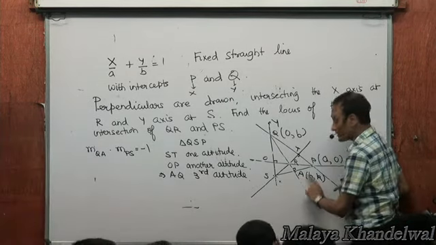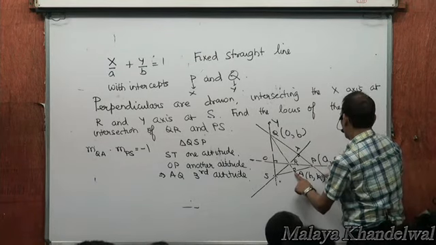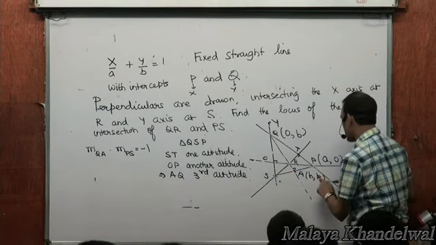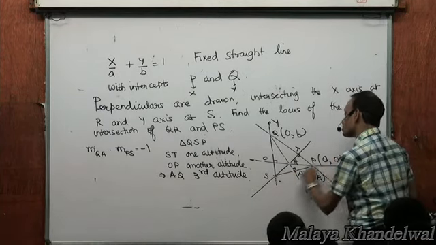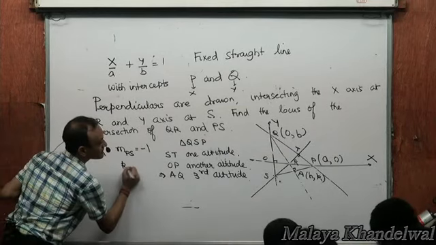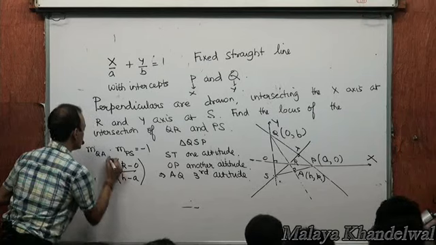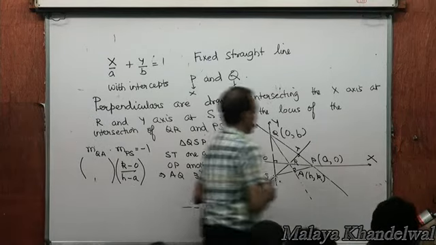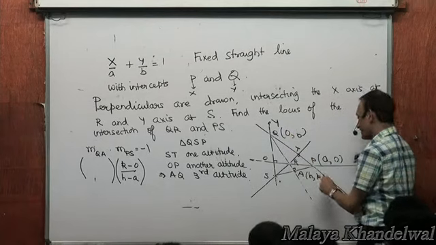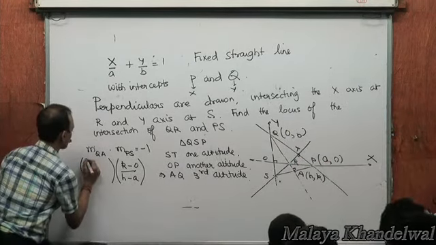I need to find the locus of A. That means I am seeking to connect h and k. So (k - 0)/(h - a) is the slope of PS, isn't it? Into slope of QA. Slope of QA is (k - b)/(h - 0).